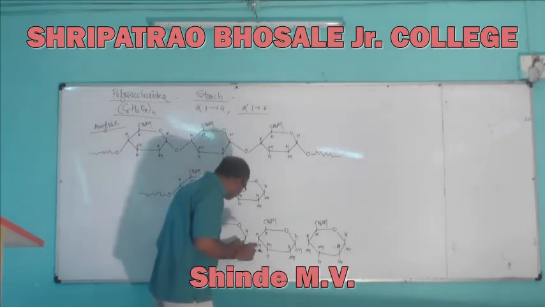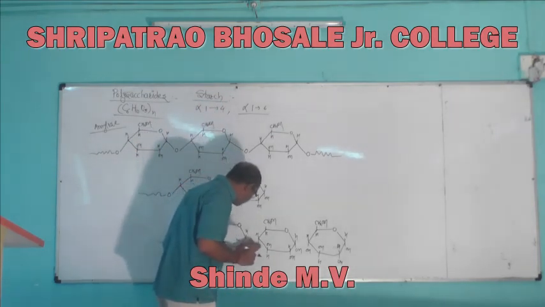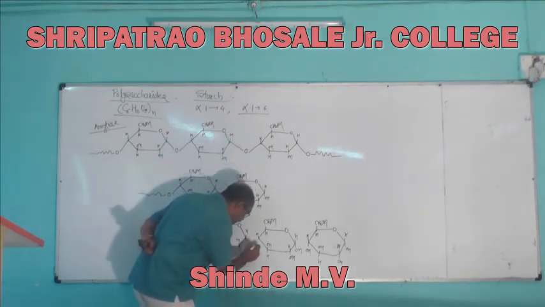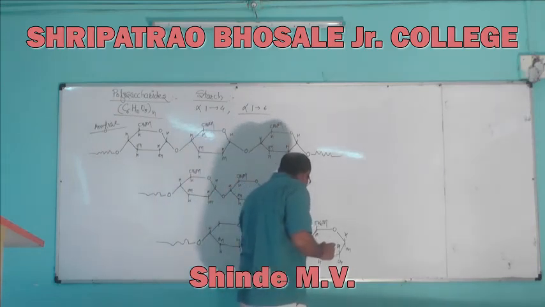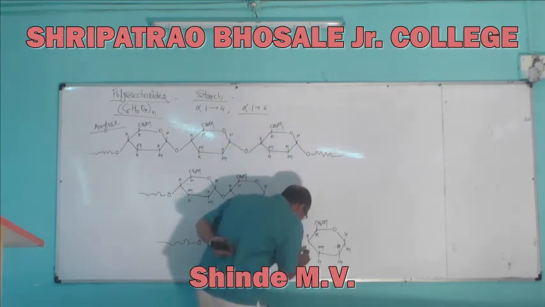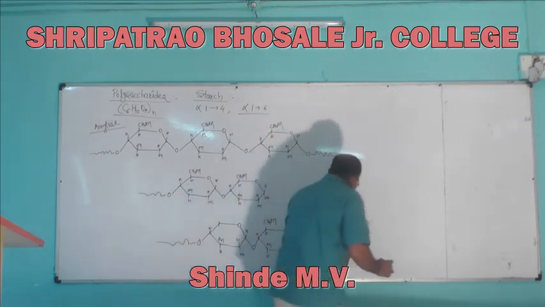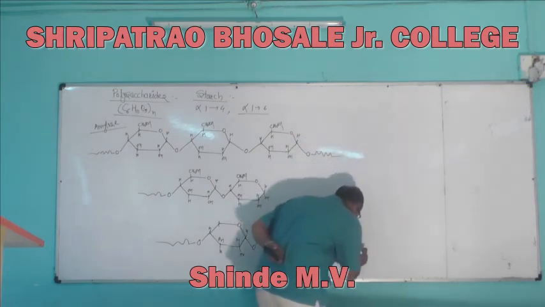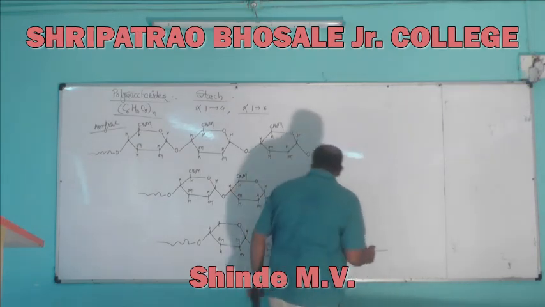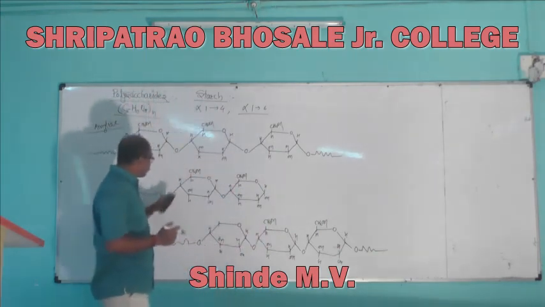Here the alpha 1 to 4 glycosidic linkage. This one is the chain of glucose monosaccharides. This chain, it is attached. These two chains.